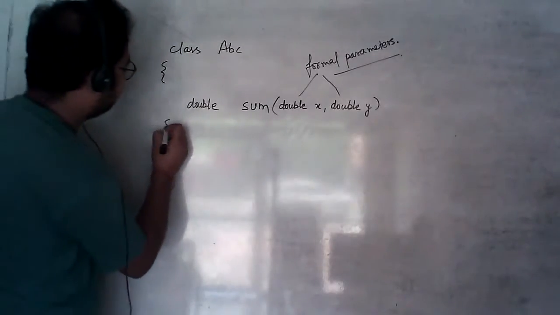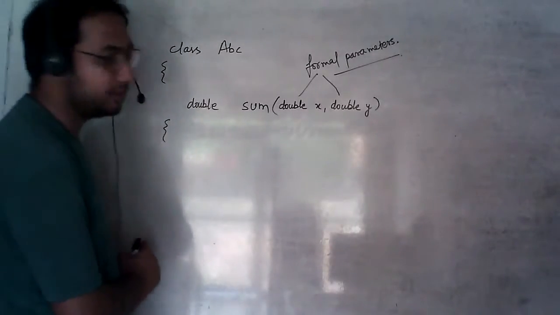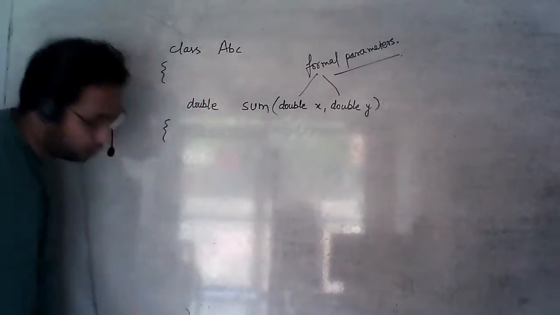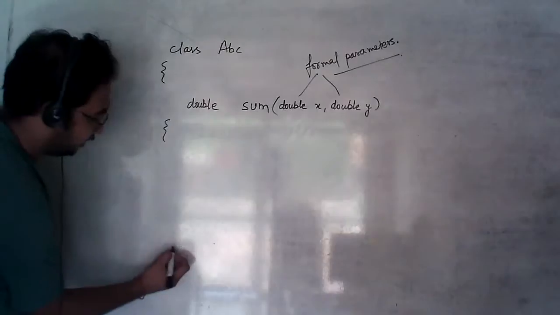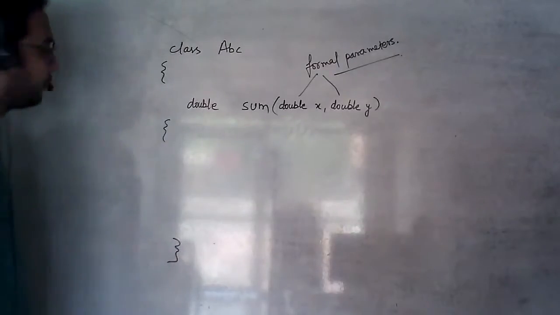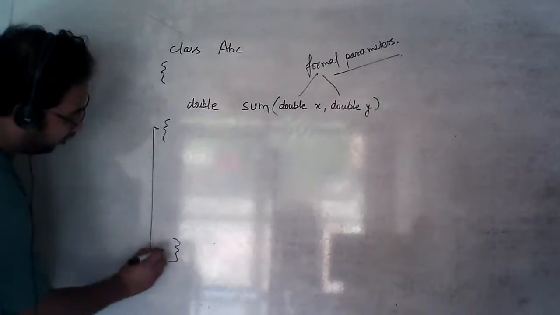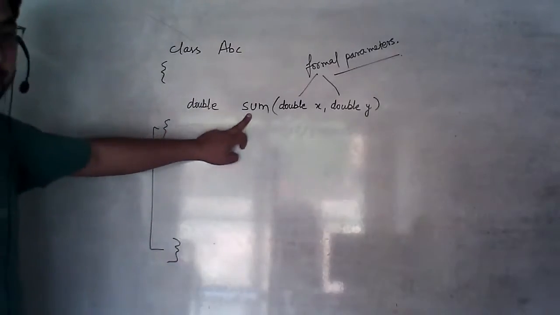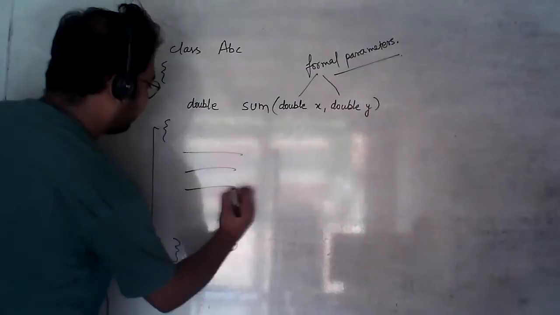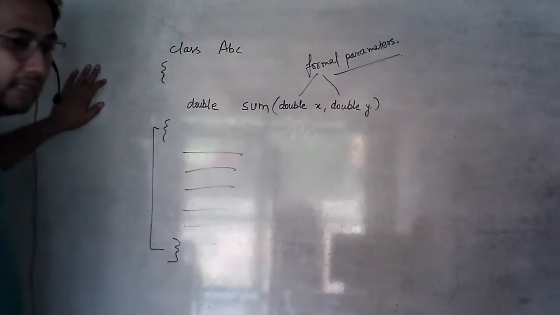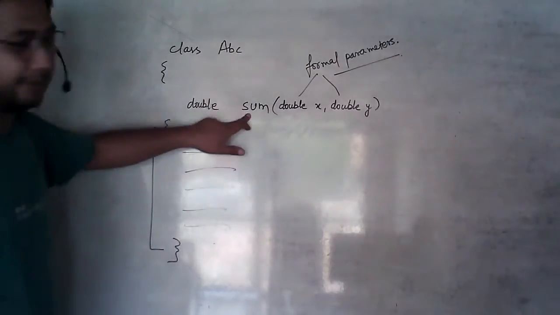Okay, students, and now open the scope of the function, close the scope of the function. So I think it is not visible to you. Here it is visible to you. Okay. So this scope belongs to this function. So whatever you write inside this function will belong to this name.